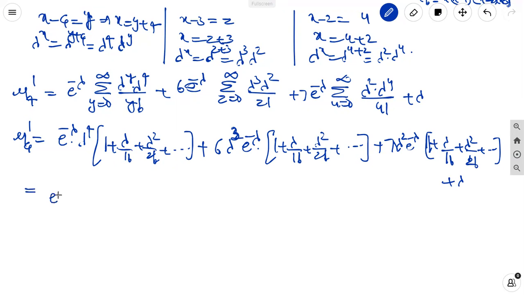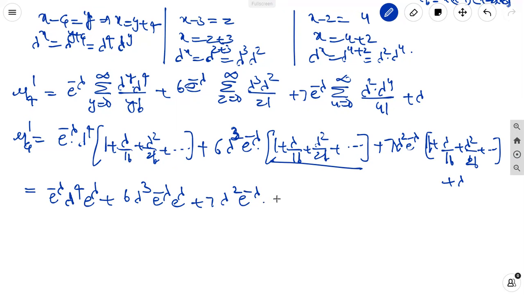This is nothing but lambda power 4 e power minus lambda into e power lambda, plus 6 lambda cube e power minus lambda into e power lambda, plus 7 lambda square e power minus lambda into e power lambda, plus lambda.